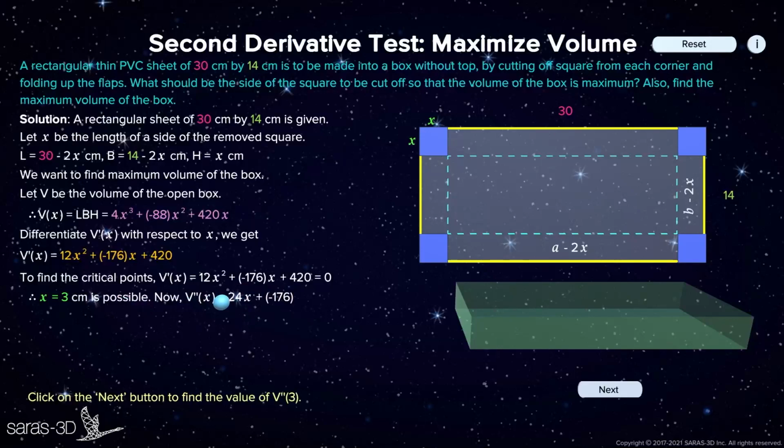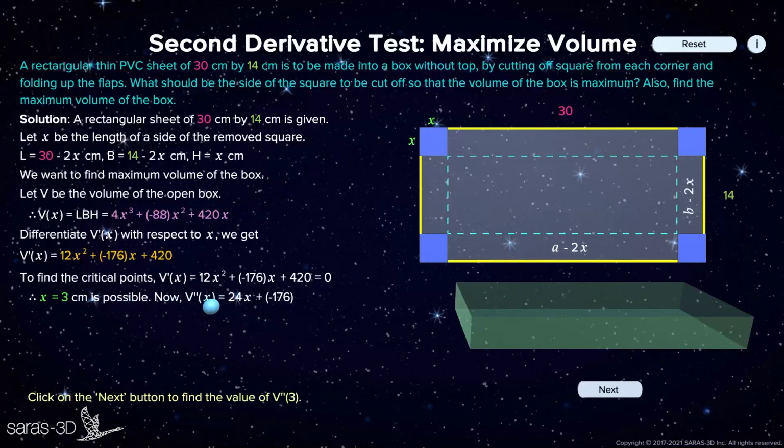Now what we have to do? We got the critical point, correct? Now we have to find out if we will get the maximum value or minimum value at this critical point. So what we have to do? We have to substitute this value of x in this second derivative, right? And if the value of the second derivative is coming to be less than 0, that means we will have local maxima at x equal to 3.